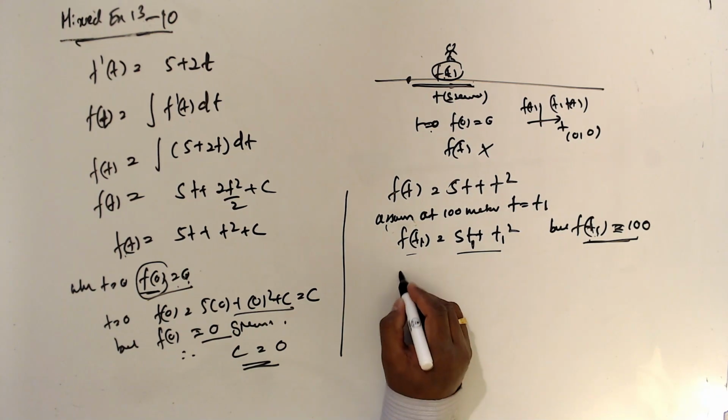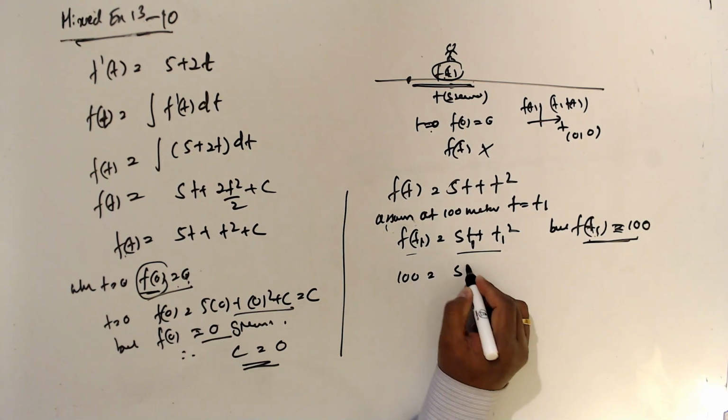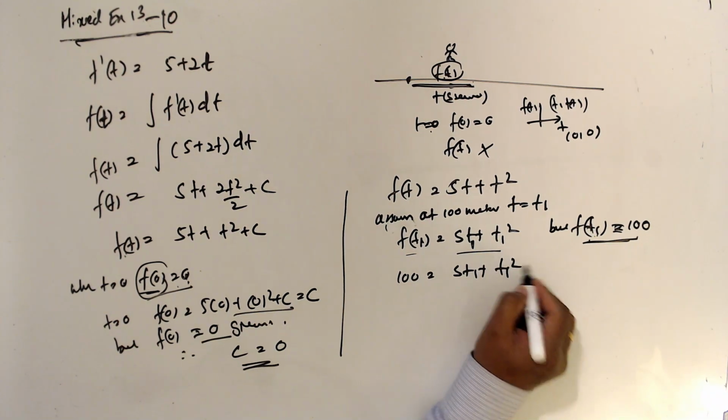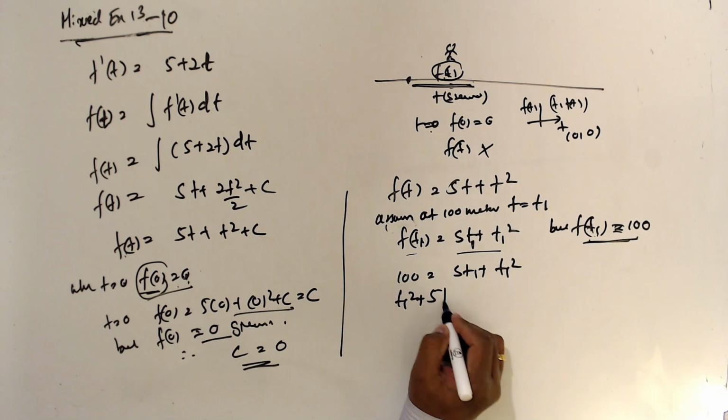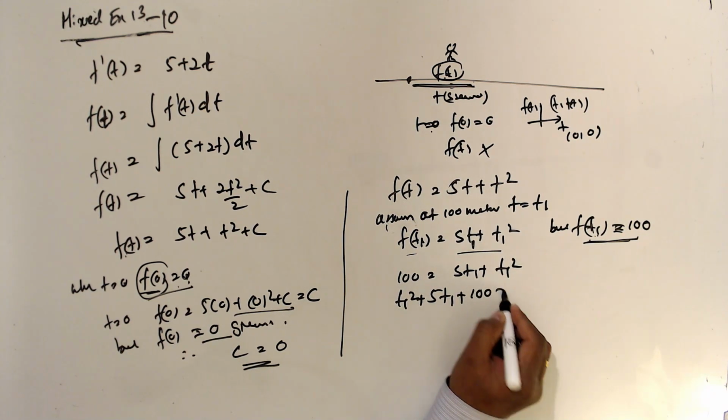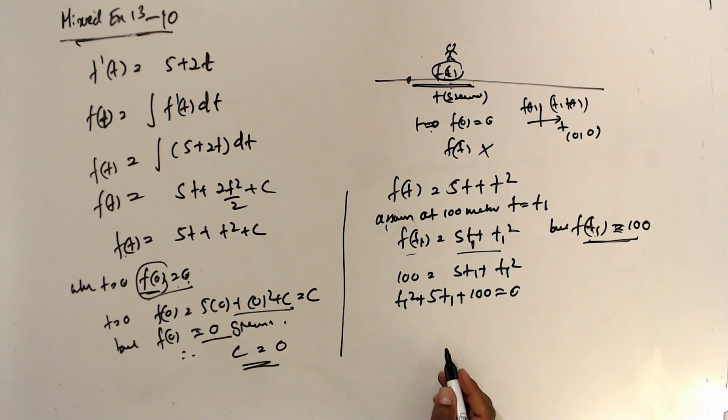It means 100 equals 5t1 plus t1 squared. So I will write t1 squared plus 5t1 minus 100 equals 0.